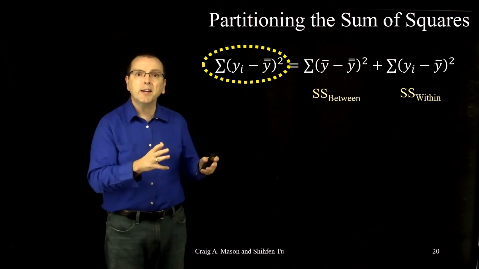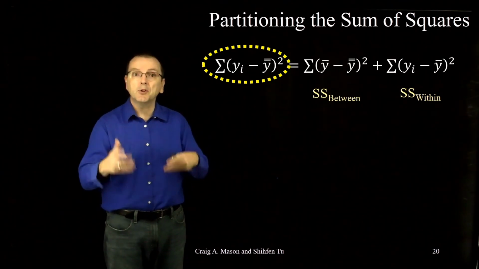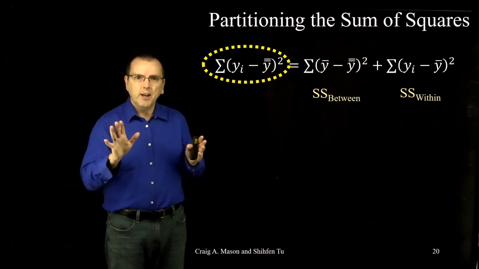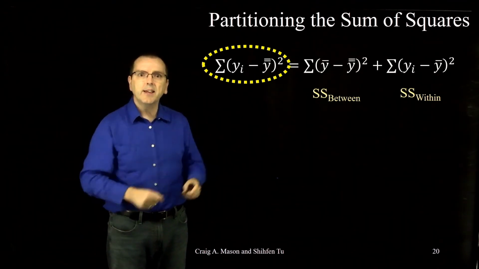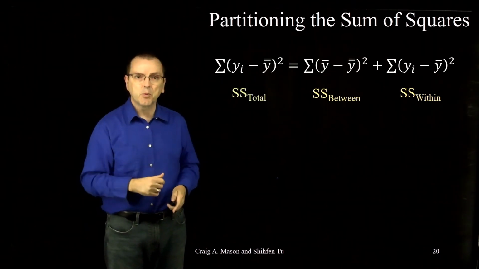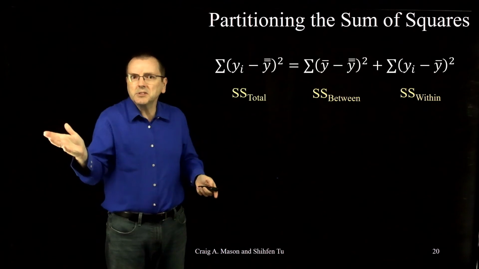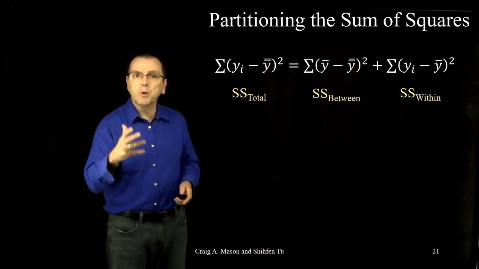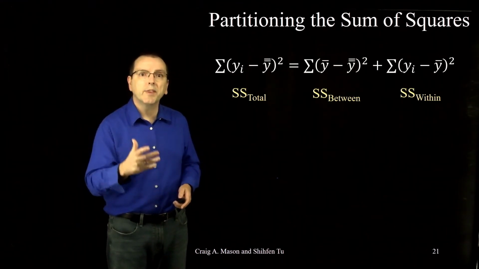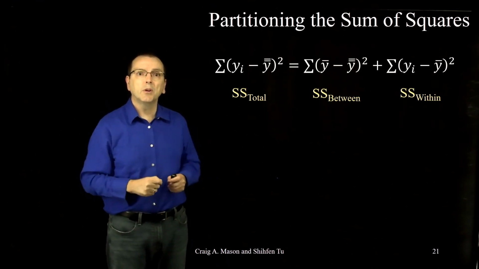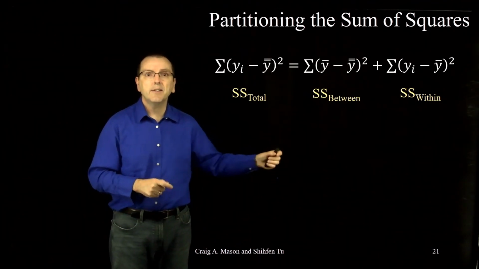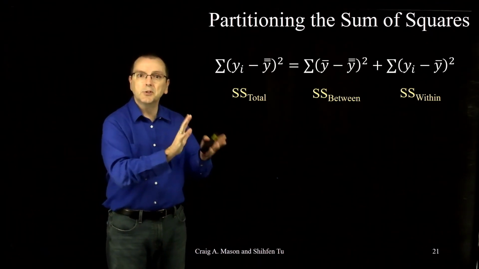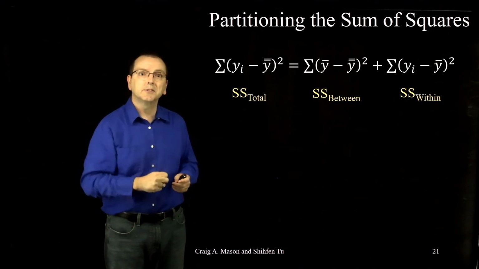Because we're talking about multiple groups, for clarity, we'll refer to this as the total sum of squares, or the sum of squares total. All right? So the sum of squares between plus the sum of squares within equals the sum of squares total. We have literally divided that old sum of squares into 2 parts.